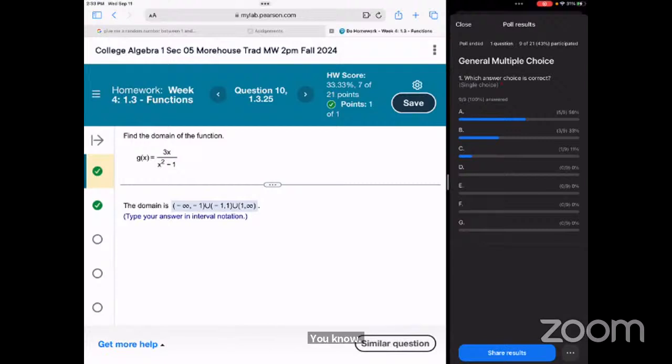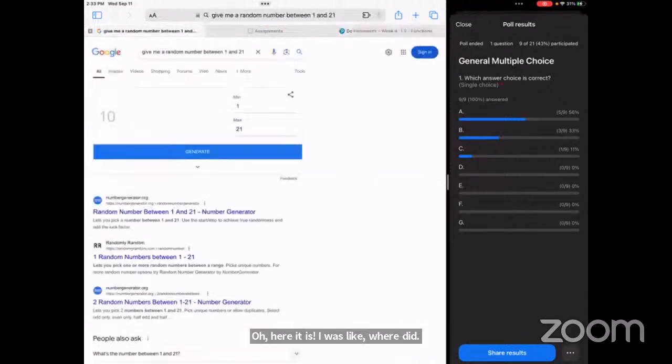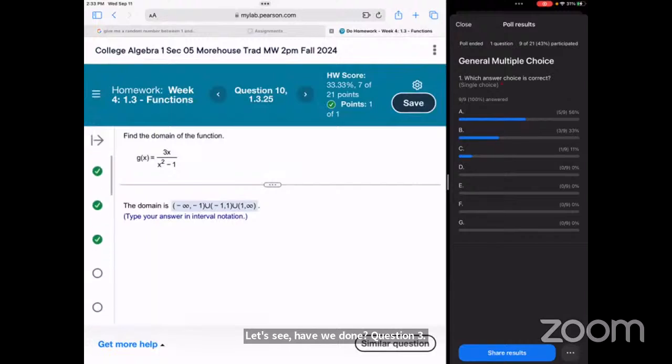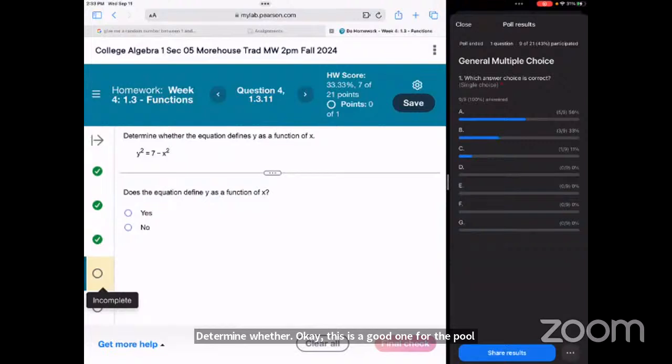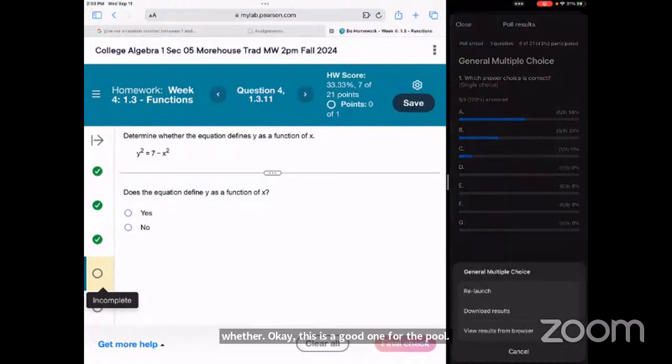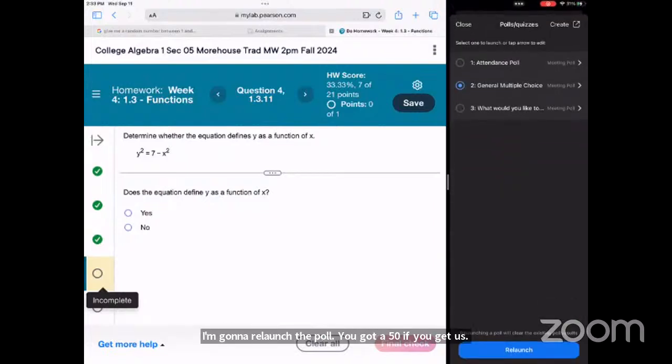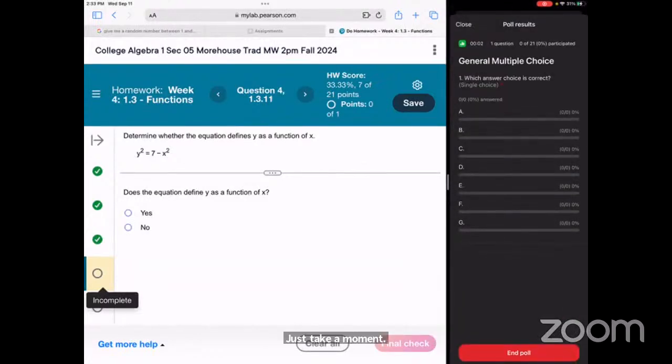Oh, here it is. I was wondering where it went. Let's see. Have we done question 3? We have, so we'll go ahead and do question 4. Determine whether, okay, this is a good one for the poll. So I'm going to relaunch the poll. You got a 50-50 if you guess. Just take a moment. How long is the next one? The 30-second one would be good. We'll go for about 20 seconds.